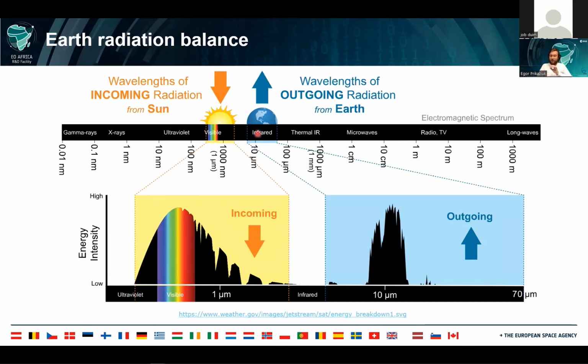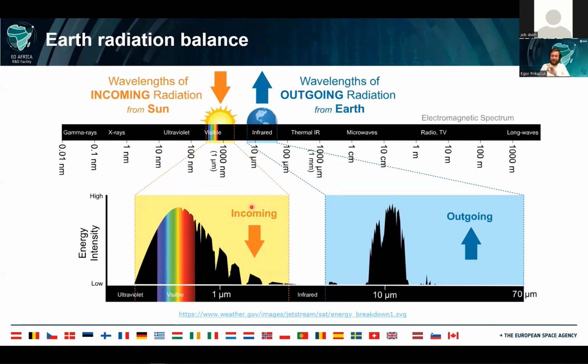But Earth is also not a cold object. Earth also has a temperature, and it also emits some radiation, but because it's colder, the radiation that Earth emits is a little bit more to the right of the scale. It's called thermal radiation. It's from approximately 2.5 micrometers, or 2,500 nanometers, to 50,000 nanometers.